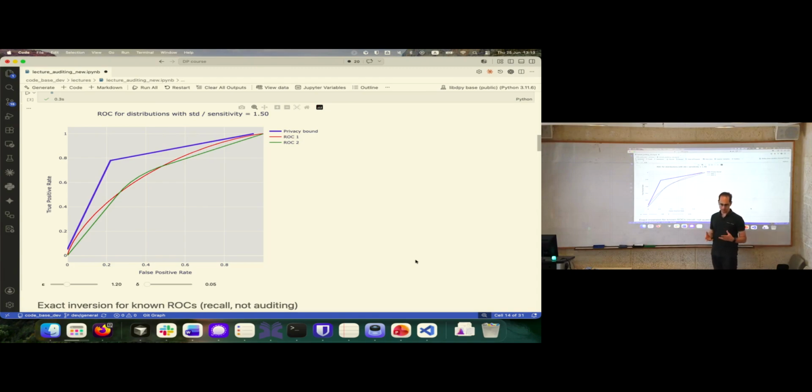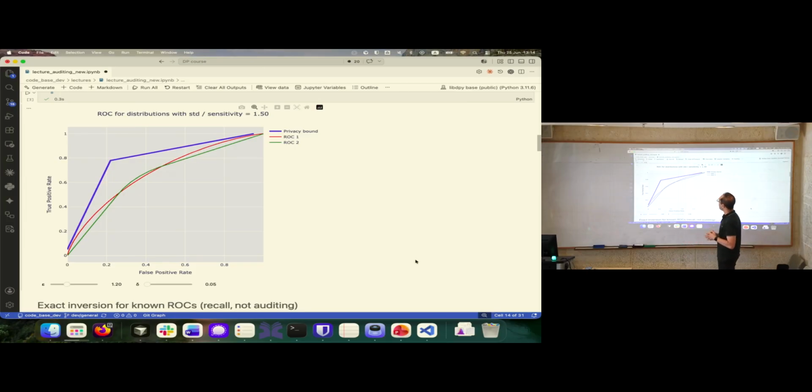Epsilon-delta DP basically defines two lines in this ROC plane, where again the ROC plane corresponds to the ROC between any two distributions defined by neighboring data sets and the mechanism.